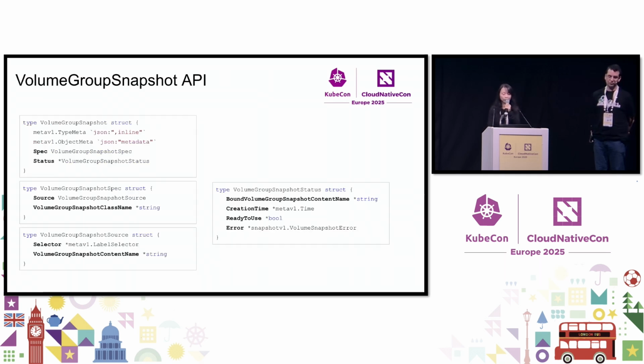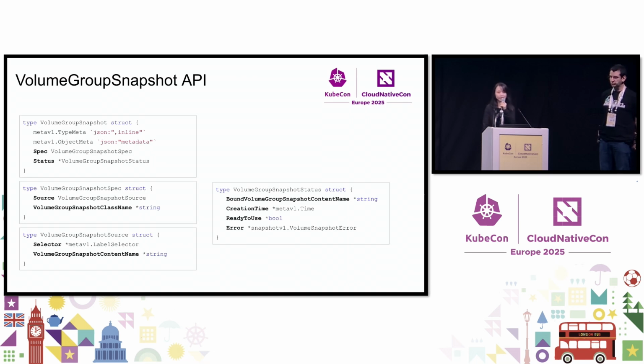Here is the volume group snapshot API. In the spec, you need to specify the source. The source can be either a label selector or a volume group snapshot content name, depending on the type of provisioning. Volume group snapshot class name may be left nil to indicate that the default class will be used.